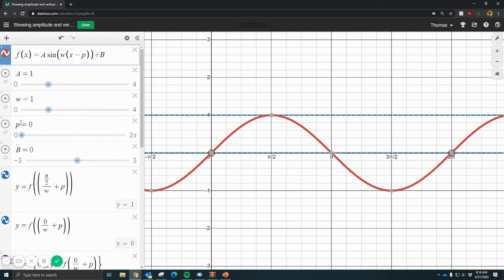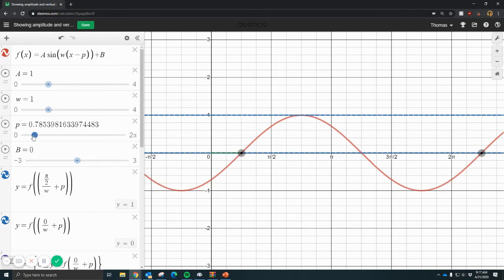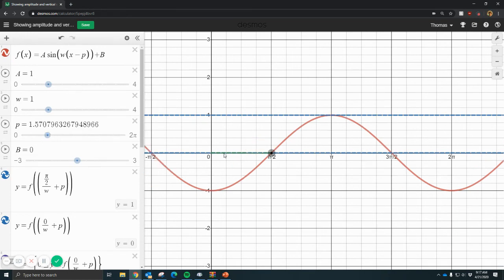And so when I change this p-value, like if I change it to pi over 2, for example, this starting point will shift over exactly pi over 2 as we would expect it to. Right, so this doesn't give me pi values, but that is pi divided by 4, and then this is pi divided by 2. So I shifted it over pi over 2, and now that green line there represents what the phase shift was.